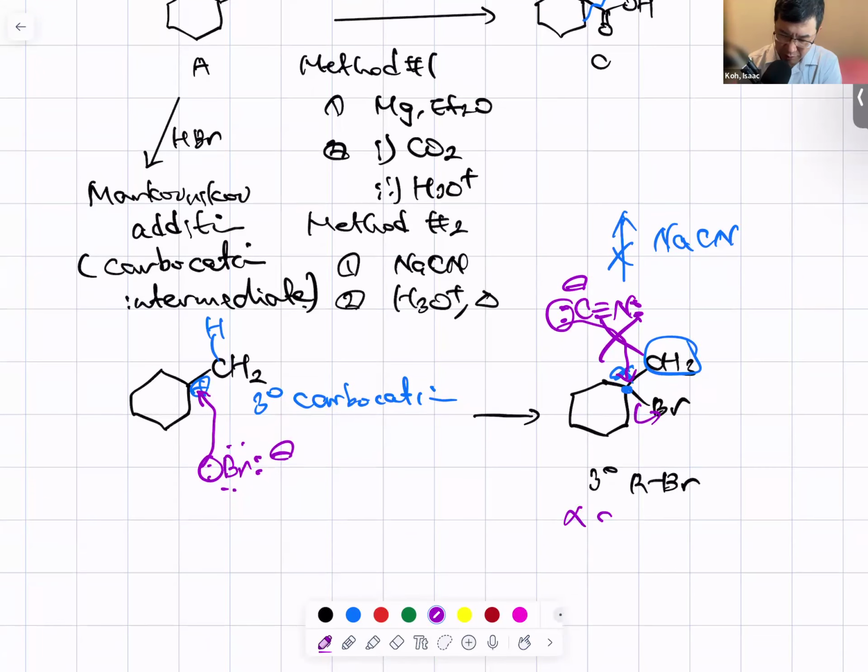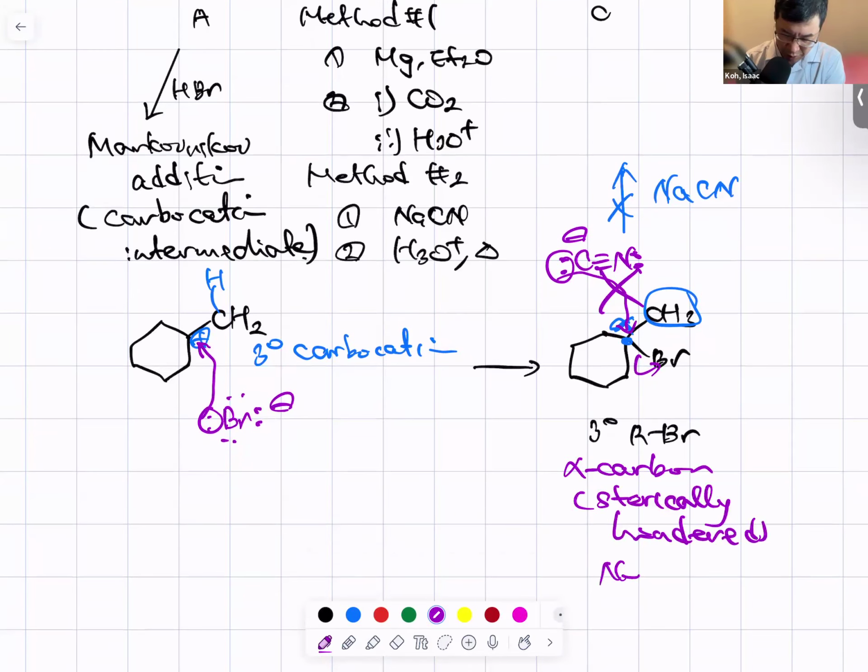The alpha carbon is sterically hindered. So no SN2; the SN2 reaction doesn't occur. So we cannot use method 2 for this tertiary alkyl bromide. Then the only option remaining is turning this one into a Grignard reagent.